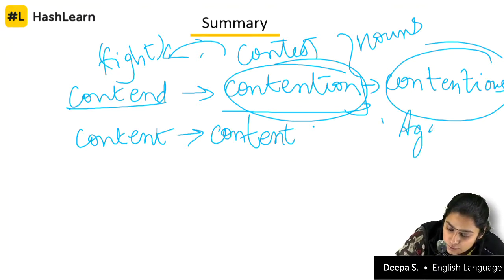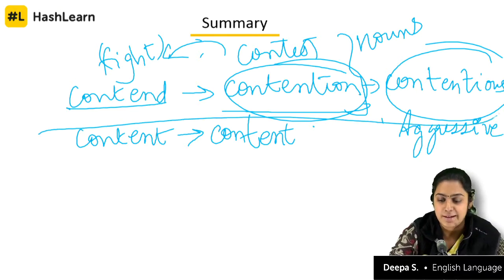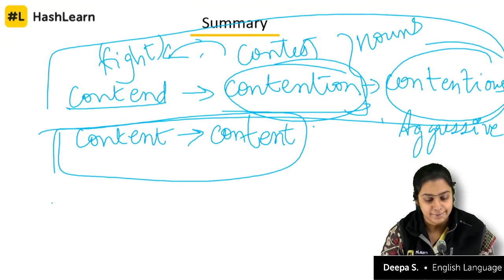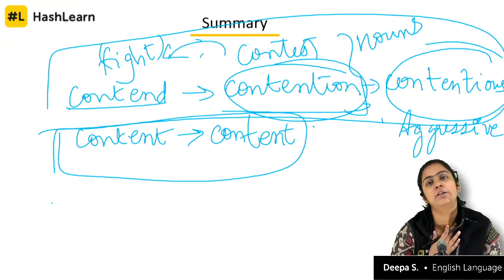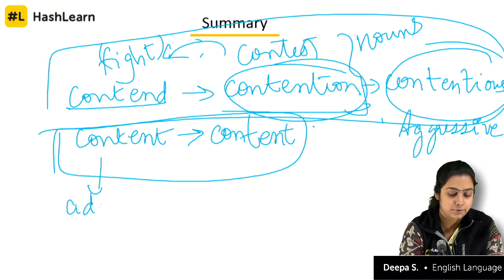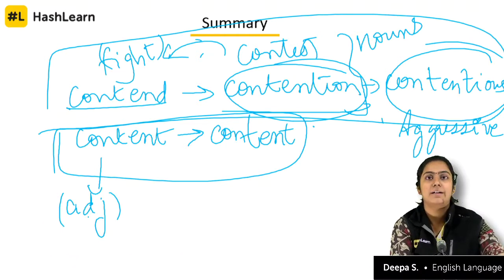I'll write it out here. Now this series has nothing to do with this. Content. I'm content with what I have. This is the adjective. I feel very content after that particular lunch.